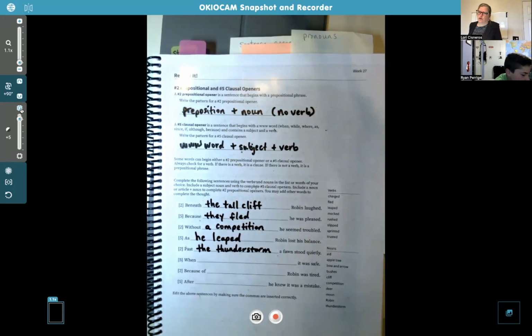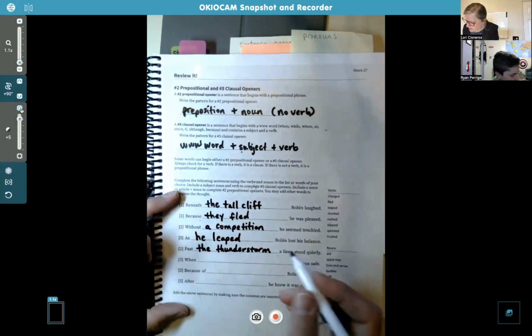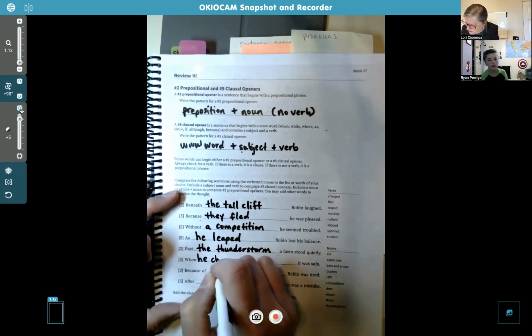And you can make up your own verb too. You don't have to pick from the list if you want. Okay. When he charged, it was safe. Yeah. Who would he be charging when he charged? Maybe when he charged the enemy. Yeah. Okay, that sounds good. When he charged the enemy.